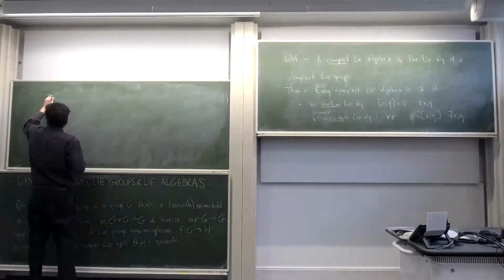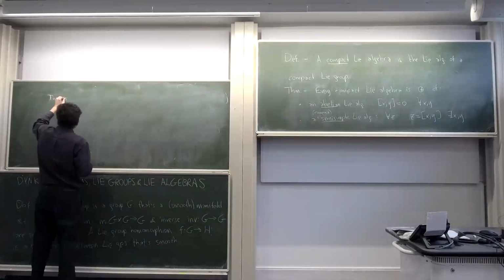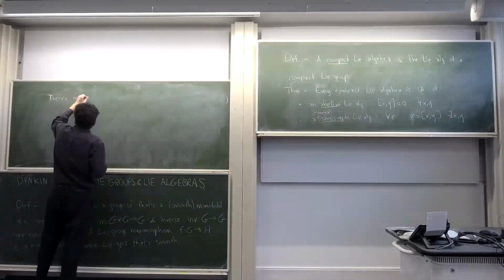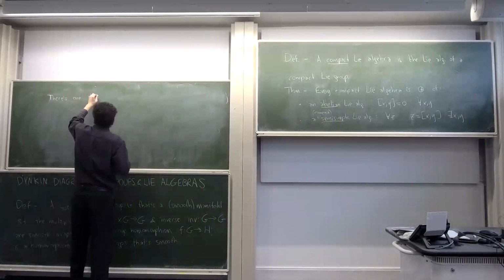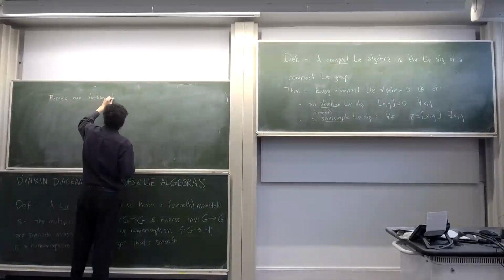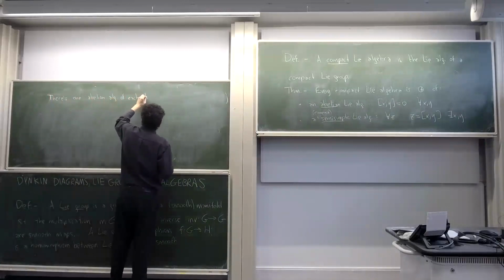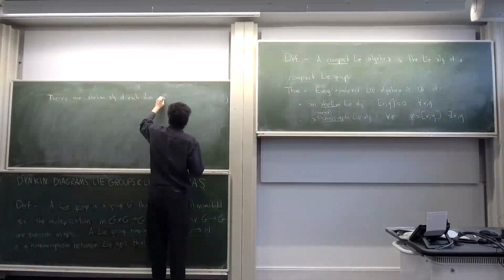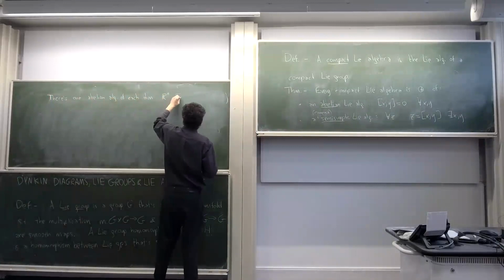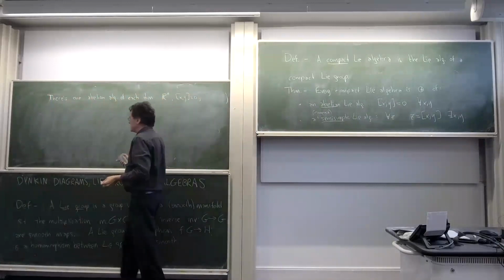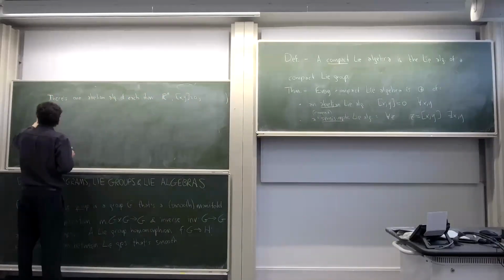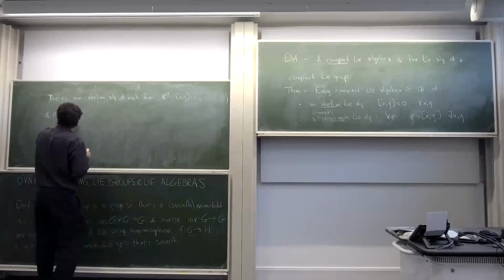So up to isomorphism, there's just one abelian Lie algebra of each dimension. Namely this, Rn with the bracket just being 0. And this is the Lie algebra of a compact Lie group.